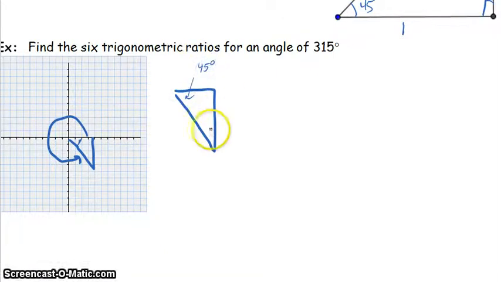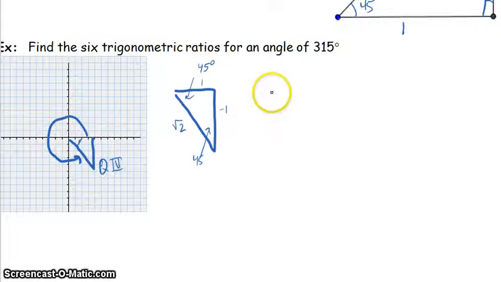I'll deal with the signs later. What I need is the fact that these two are the same. This is a square root of 2. Well, since I'm in quadrant 4, this has got to be negative.